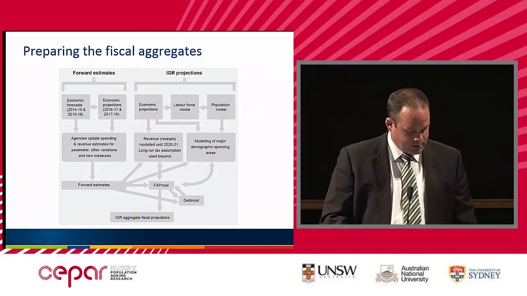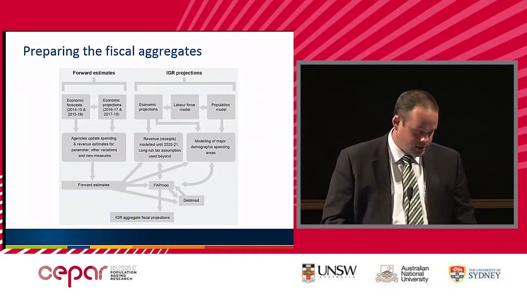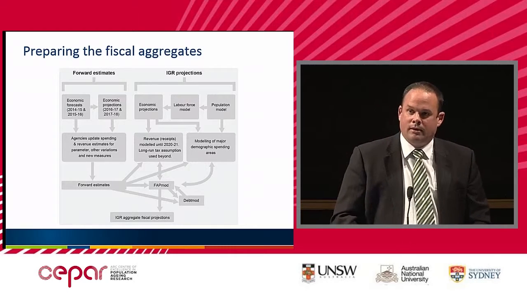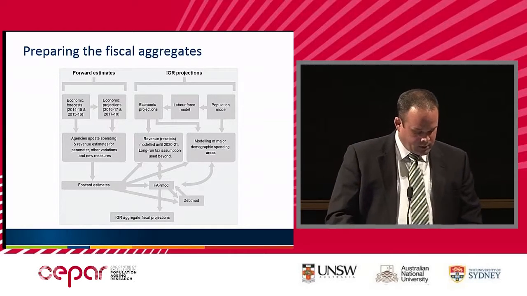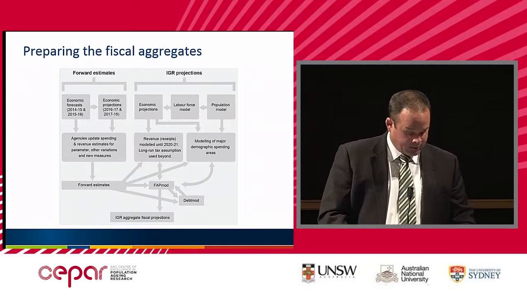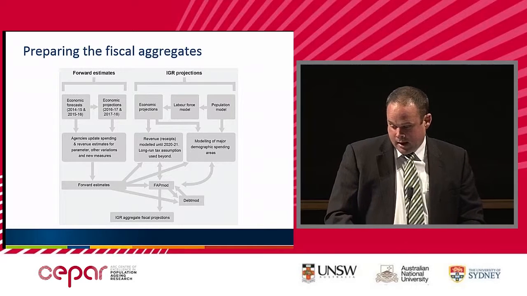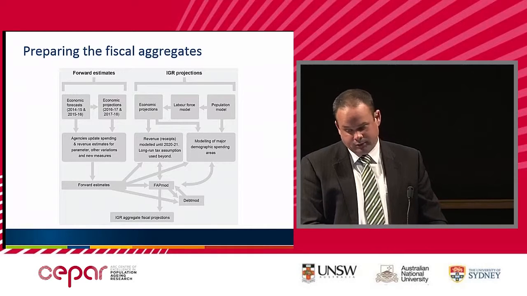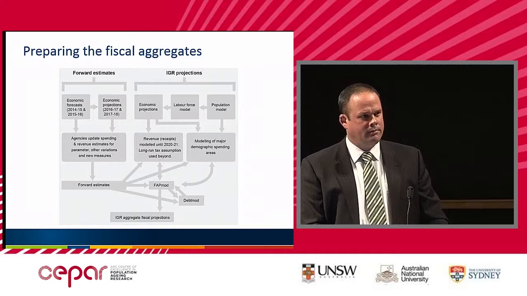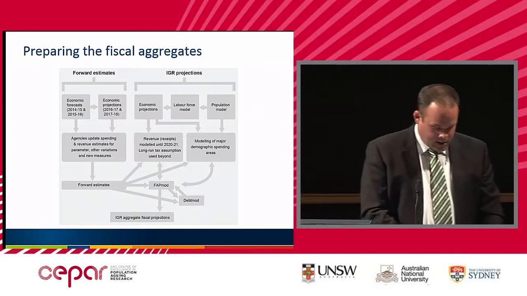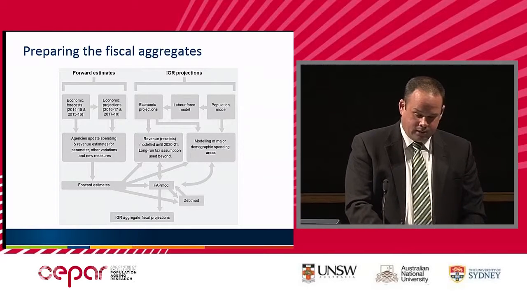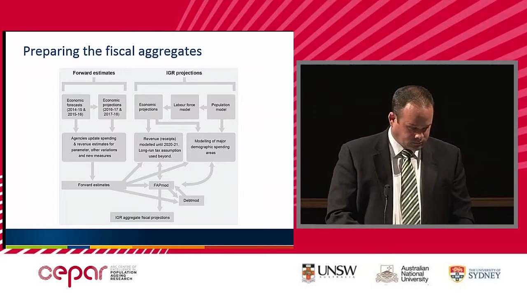Combined, they feed into a fiscal aggregate projections model where we produce our estimates of the underlying cash balance, the fiscal balance and so on, and the borrowing requirement that comes with that. A recent innovation in our medium-term and long-term models is to incorporate a debt model where we can look at the impact on the Commonwealth Government securities market and calculate net worth and the interest implications of debt.